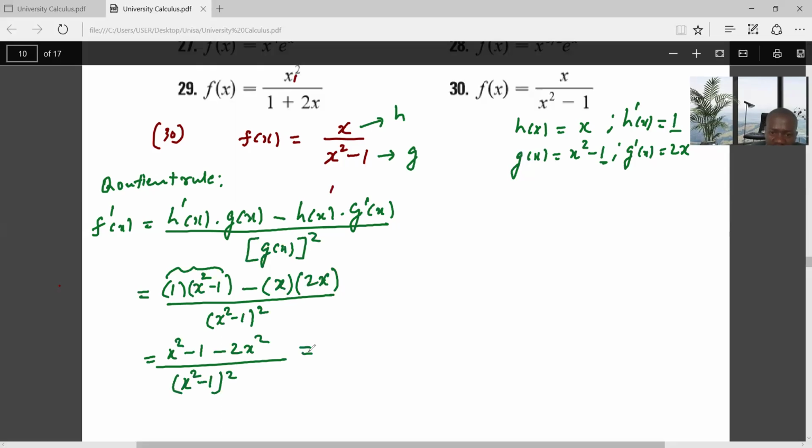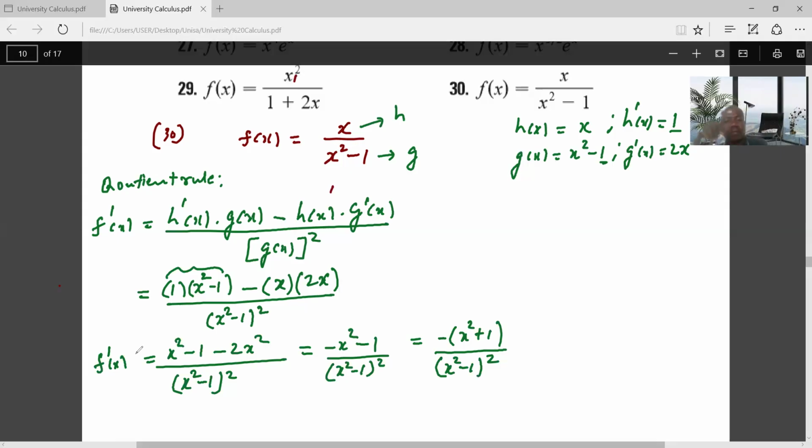This is just minus x squared minus 1 all over x squared minus 1 squared. So we cannot simplify this anymore. So it's either we take common factor of a negative. So this will be x squared plus 1 all over x squared minus 1 all squared. So this is our f prime of x.